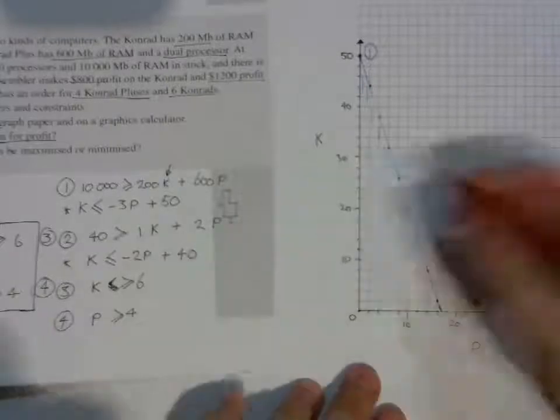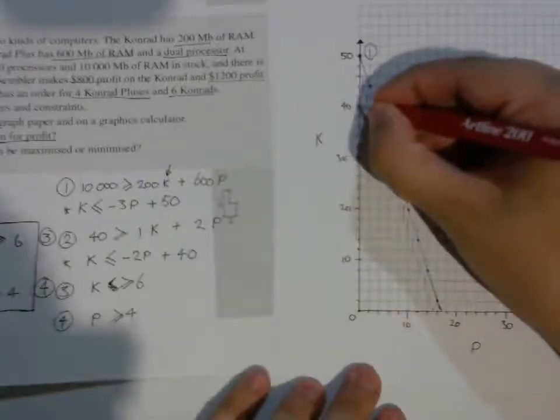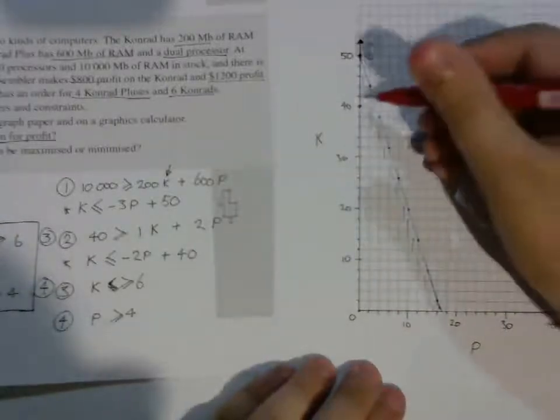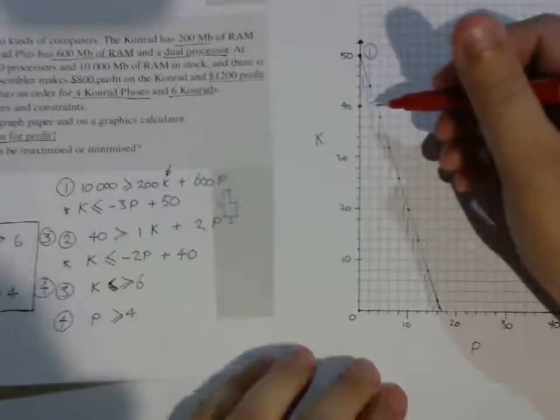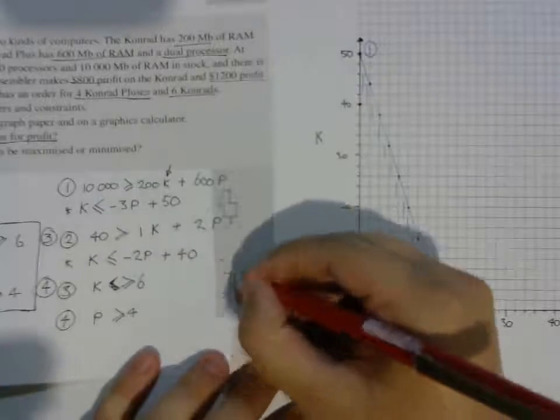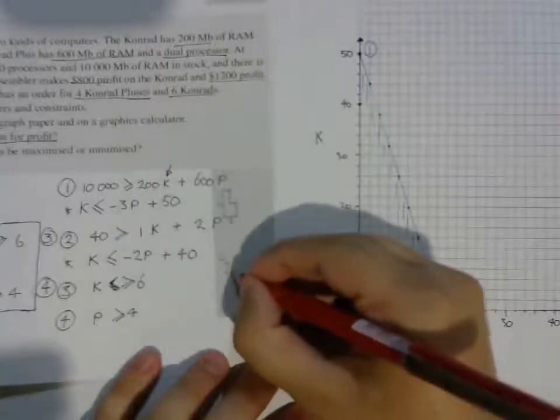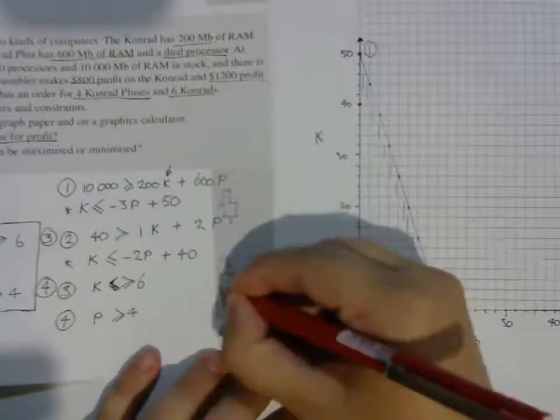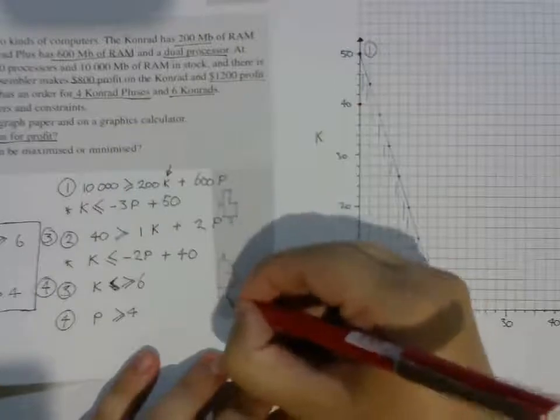Equation number 2 has an intercept of 40, so I'm starting at 40, and for every 1 across we go down by 2. So again, I just want to go across a little more, so across 1 down 2, across 1 down 2. That's overall across 2 down 4.